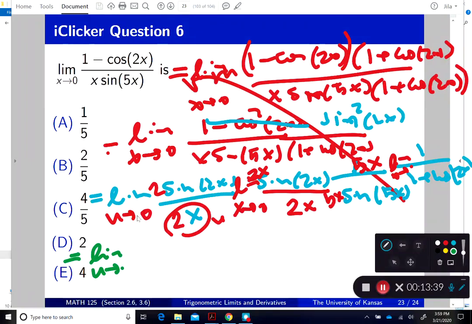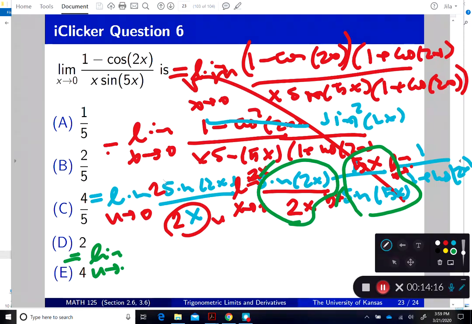Before going any further, I can see that these are matching up, and that x and x can simplify. So I will have that basically 2/5 walks out, and this 2 also walks out at the end.